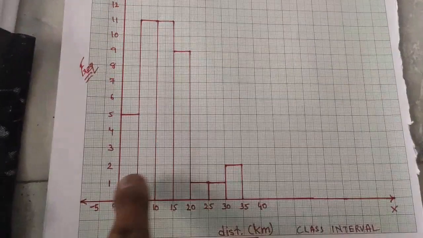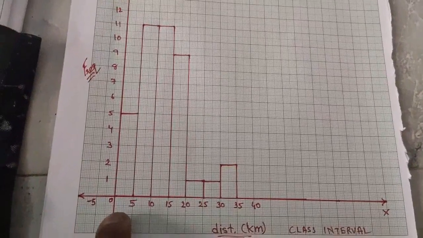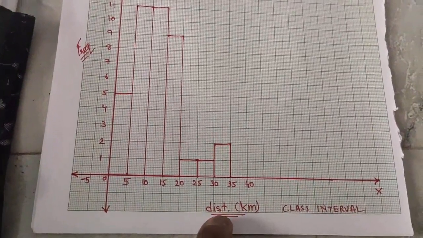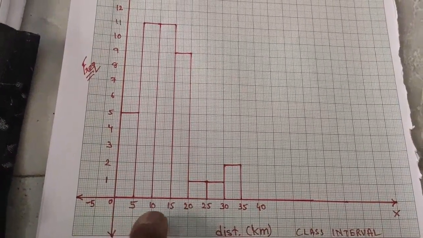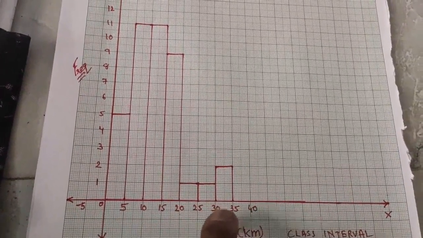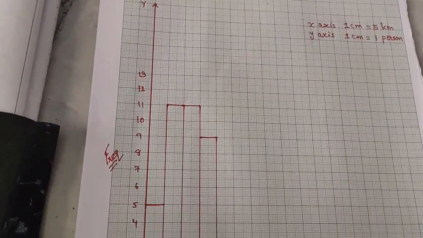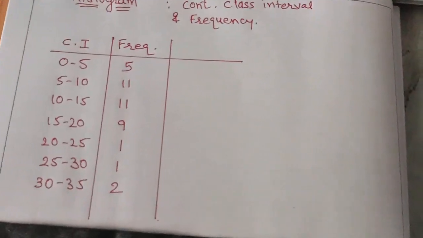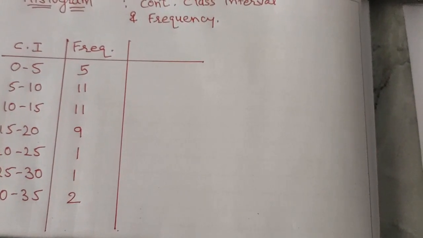So first of all we'll draw the y-axis and x-axis. On the x-axis we are going to write distance in kilometers, that is class interval, starting from 0, 5, 10, 15, 20, 25, 30, 35 and 40. And on the y-axis we are going to write frequency. Here the smallest frequency is 1 and the highest one is 11.